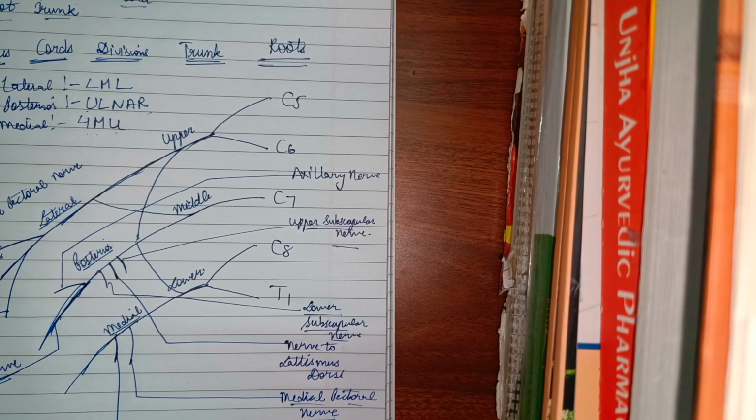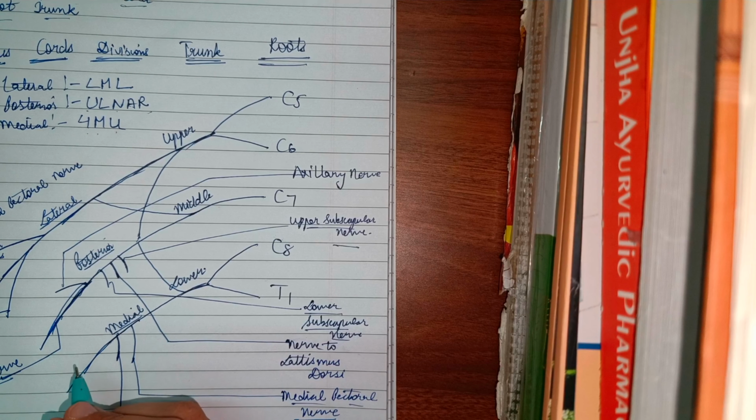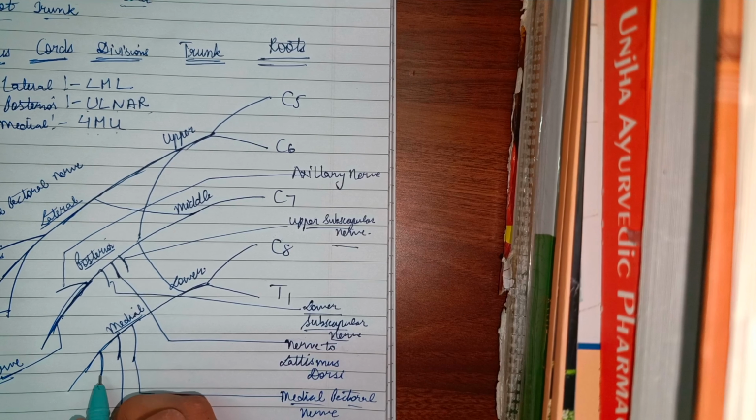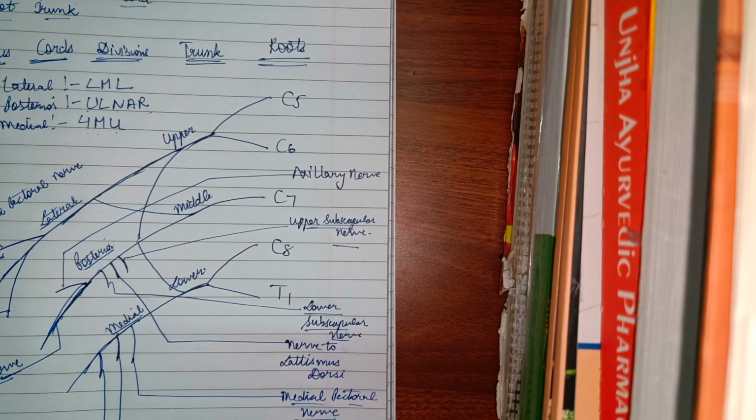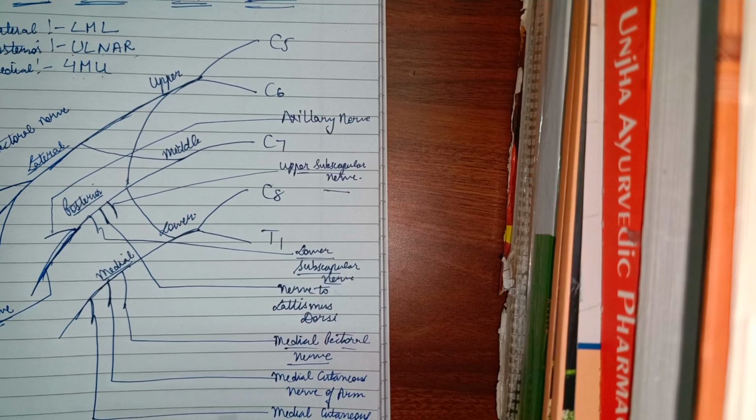Medial cutaneous nerve of arm. And another M stands for medial cutaneous nerve of forearm. Medial cutaneous nerve of forearm.